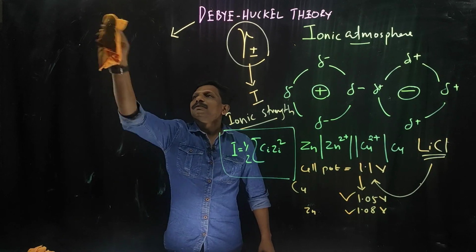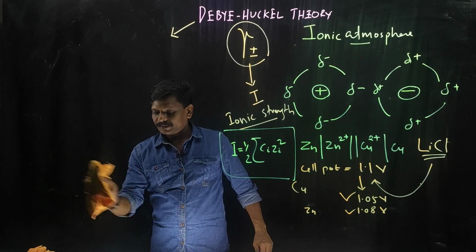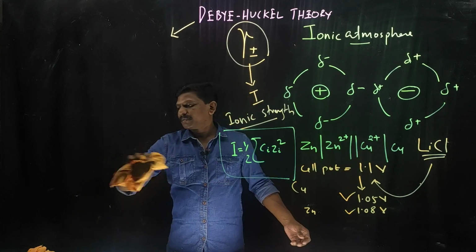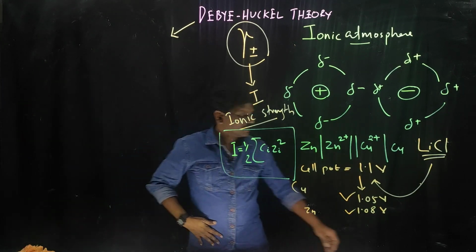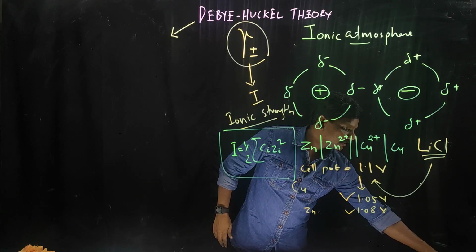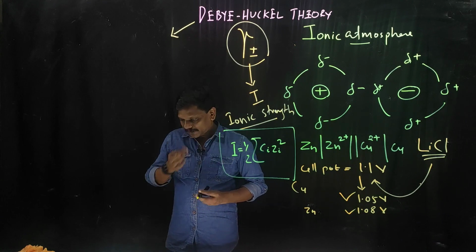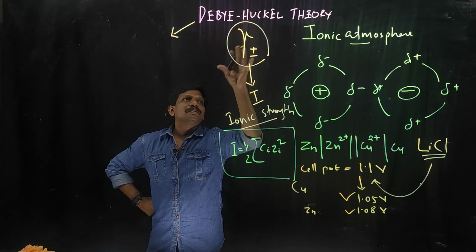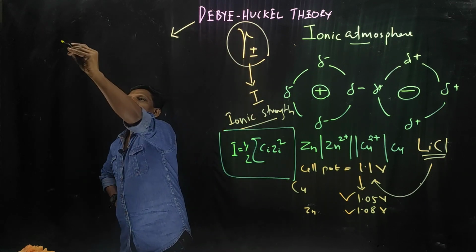Okay. So I told you about this term ionic strength. Ionic strength is very important. You can see the ionic screening effect. So from that you can understand this term ionic strength is very important. I told you that you need Debye Huckel theory for finding this mean activity coefficient.